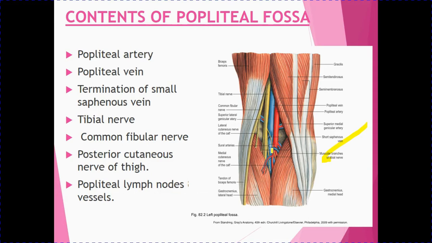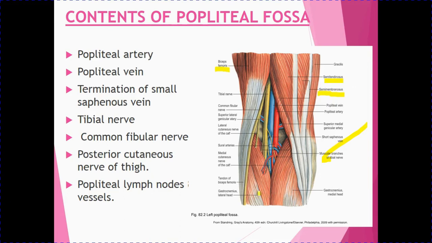Popliteal fossa, so which muscle will be in the floor? Popliteus muscle. It has a superolateral boundary which is formed by the biceps femoris. This is the biceps femoris. It has a superomedial boundary which is formed by the semimembranosus and the semitendinosus muscles.